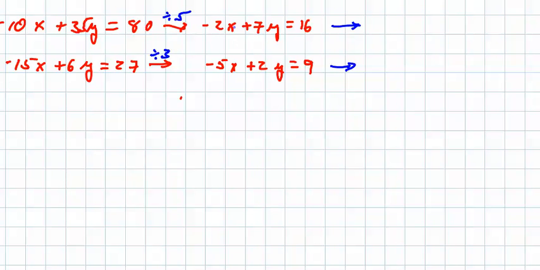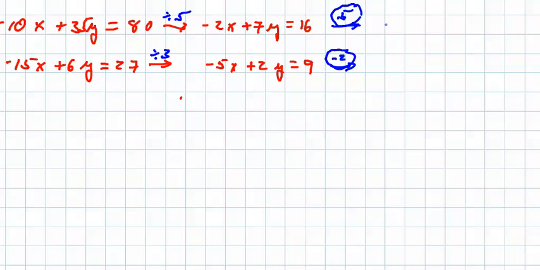But I'm dealing with smaller numbers than I would have. Here I would have multiplied by 15 and 10, or 6 and 35. Of course, I divided by 5. Now I'm going to multiply by 5. Oh well. And here I'm going to multiply by a negative 2. Negative because I want my signs to be opposite.